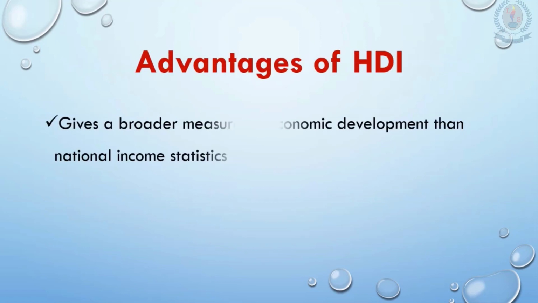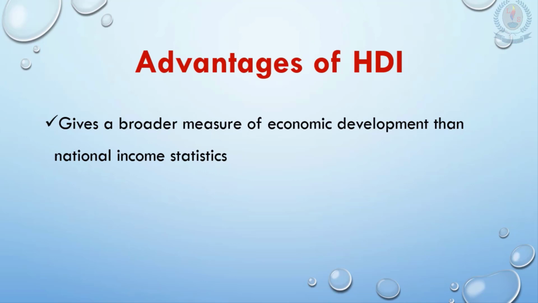Advantages of HDI. It gives a broader measure of economic development than national income statistics. As the United Nations states, income is a means to human development and not the end. The HDI measures 3 important dimensions of human development: a long and healthy life, having knowledge, and having a decent material standard of living.